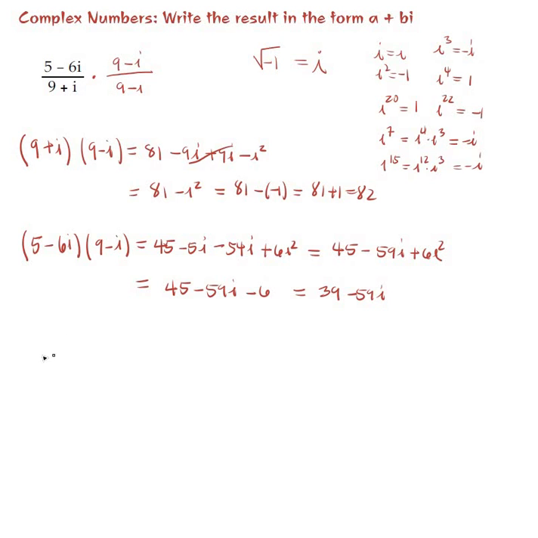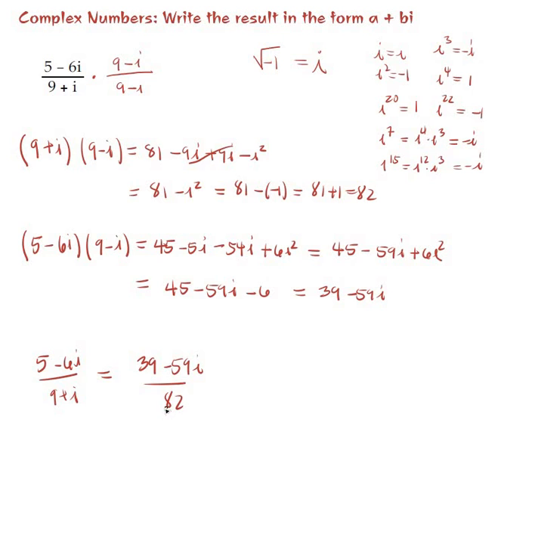So (5 minus 6i) divided by (9 plus i) can be written as (39 minus 59i) divided by 82.